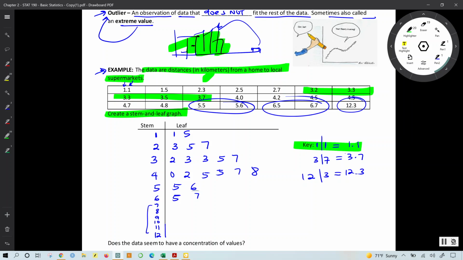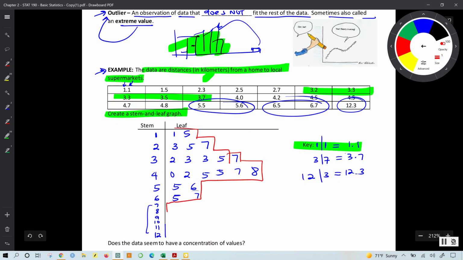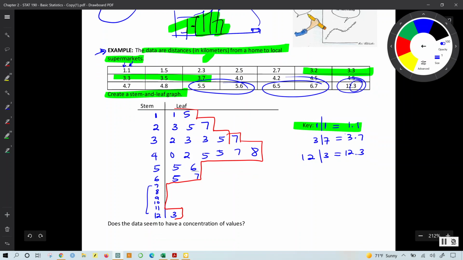So based on this, then I can do a little bit of drawing. And I have the last number here, which I should not forget to key in. And that is the number 3. And so you have 12.3 there.